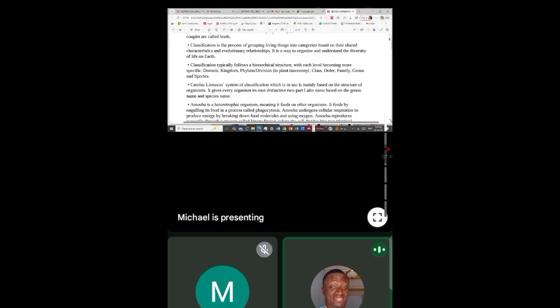So we can also say that they are characteristics that help us to identify organisms. Or you can say they are the keys that help us to identify organisms based on their characteristics. Instead of saying keys, you can say there are a series of questions or guides that help us to identify organisms based on their characteristics.